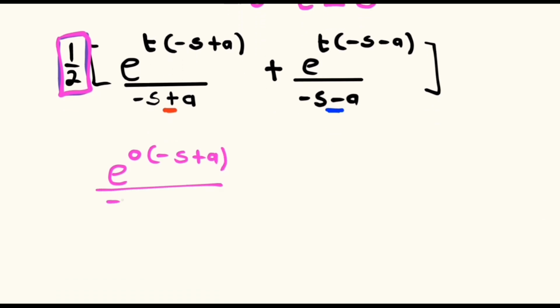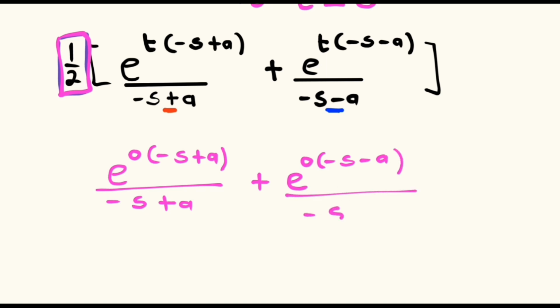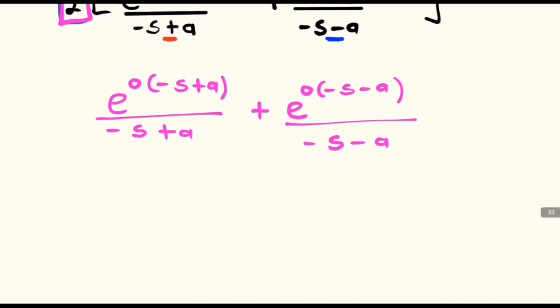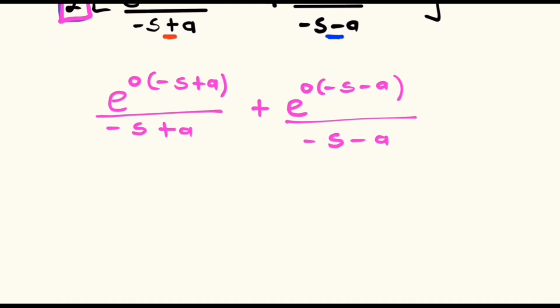This is divided by negative s plus a, plus e raised to the power 0 in place of t, into negative s minus a, divided by negative s minus a. The 0 multiplied by negative s plus a will be equal to 0, and e raised to the power 0 will be equal to 1.